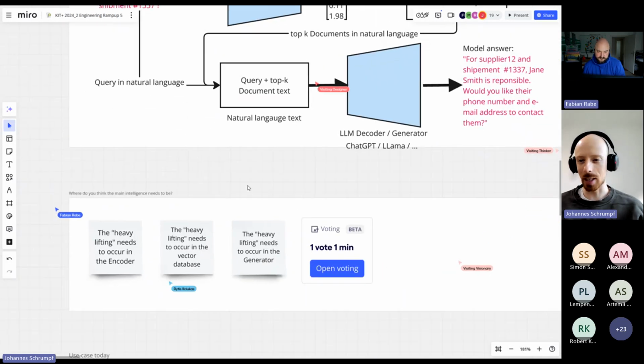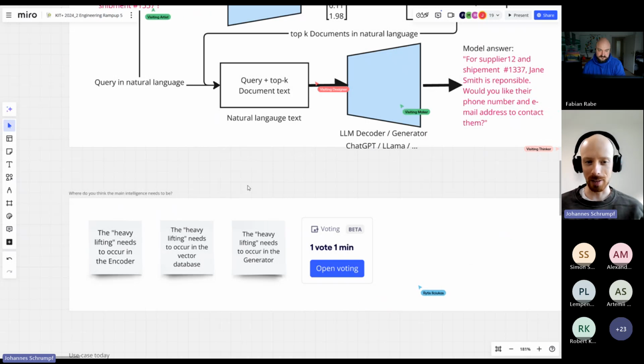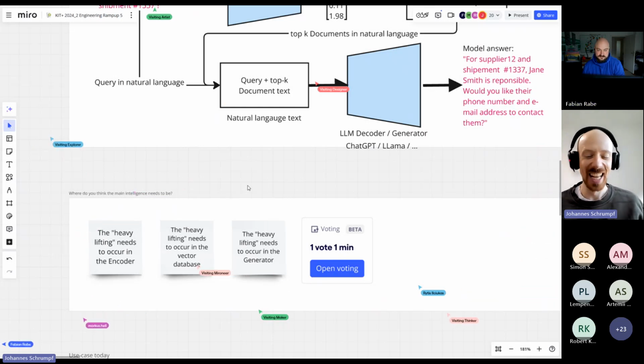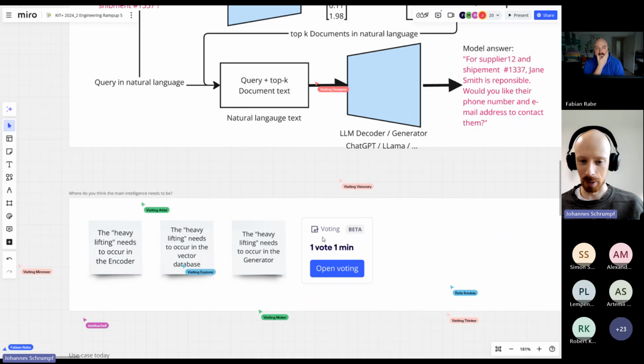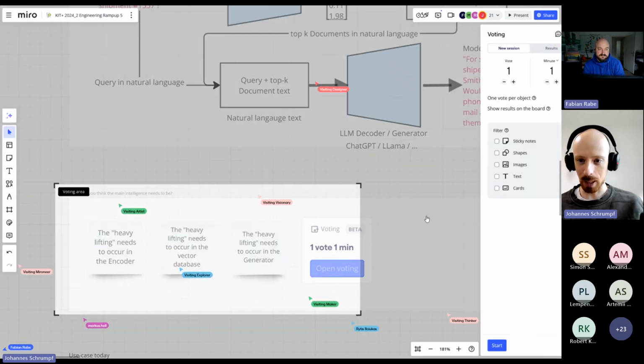The question here is from my side: where do you think the main, quote unquote, intelligence needs to be in this entire system? Of course, it needs to be at the level of the human. But if we only look at it from a technical perspective, where do you think the heavy lifting needs to occur? I will just open this vote. You have 1 minute.